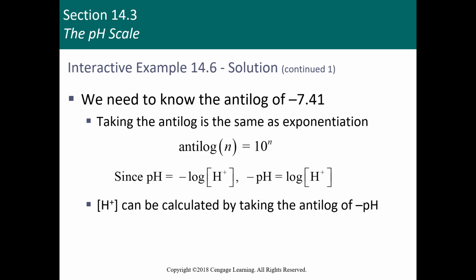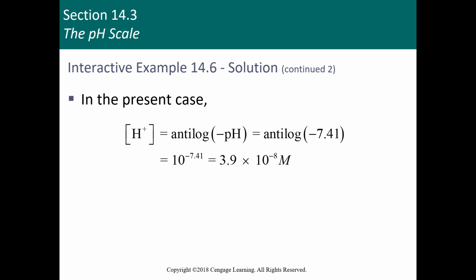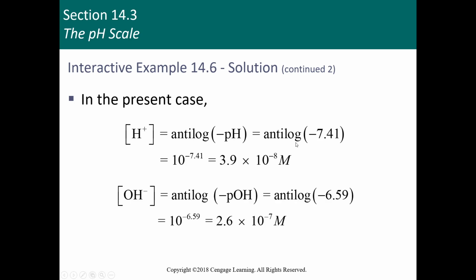It's the same thing, actually, that's what an antilog is. That will give us our H+ concentration, which is 10 to the negative 7.41, which was our pH, and that gives us 3.9 times 10 to the negative 8 molarity.